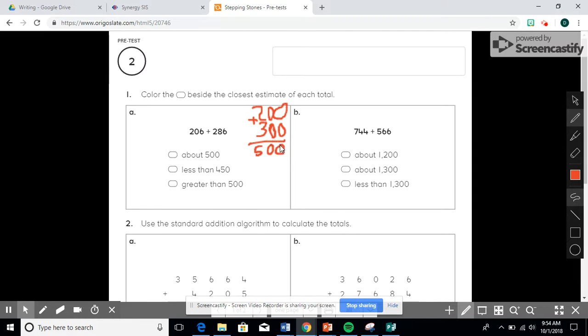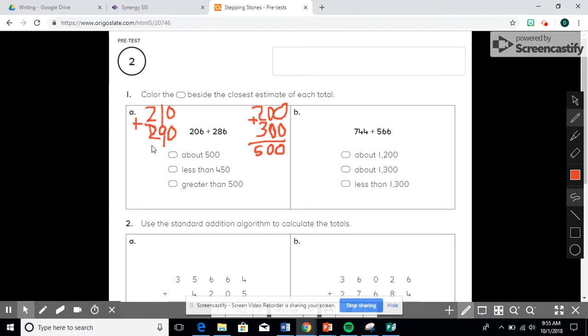Now let's look at our options, because they try to trick you a lot on these. We could estimate that it is about 500 by rounding. We could estimate that it's less than 450. We could start looking at our tens place and possibly round this to 210 and 290 to see how close we could get to 450.